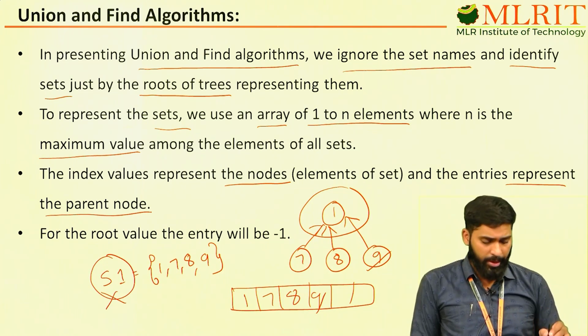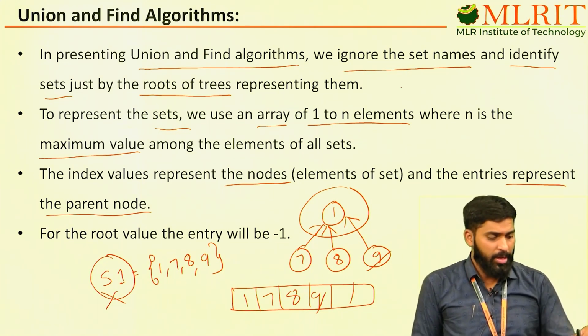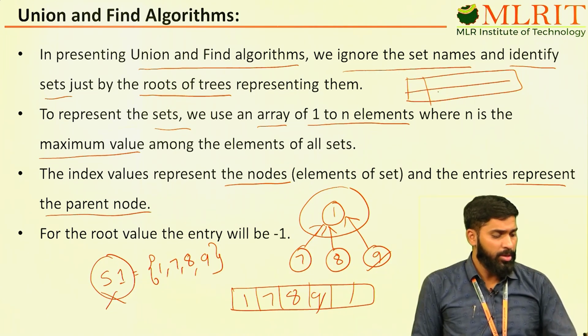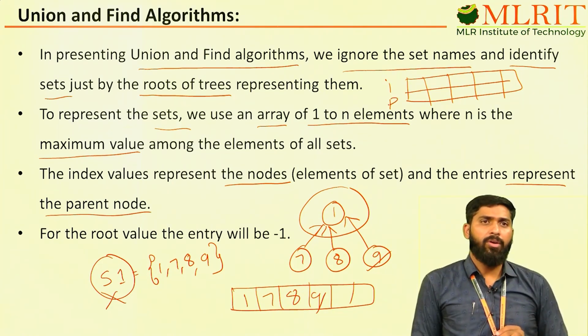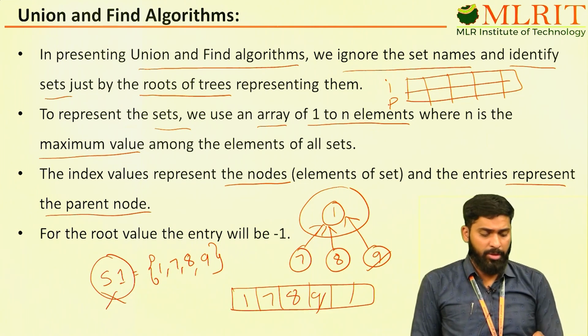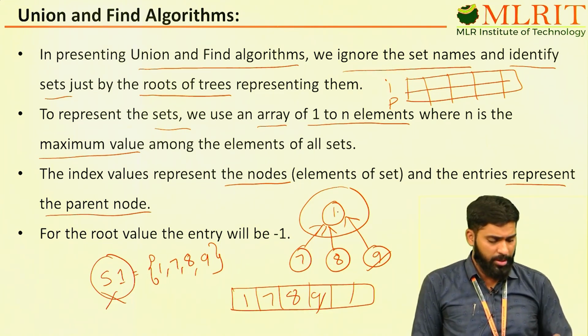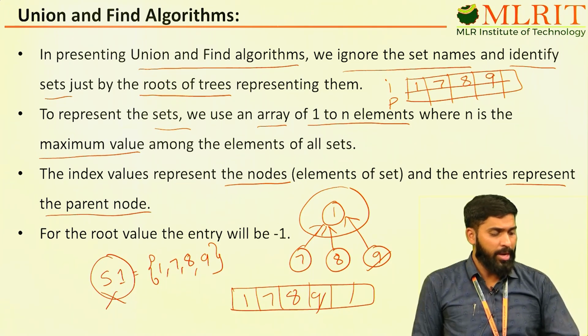What it means? For example, this is S1. I represent it as an array. This array has 2 parts: one is index, another is parent. The index values represent the nodes, which here are 1, 7, 8, 9.